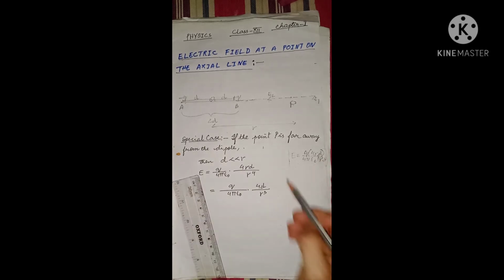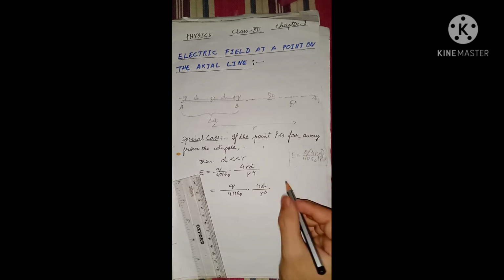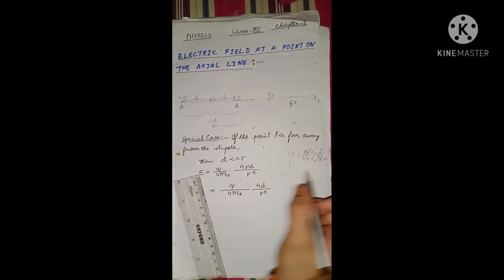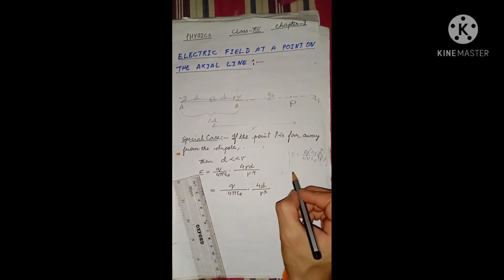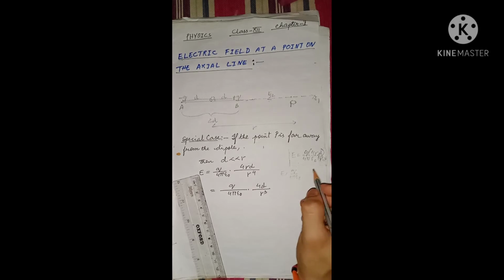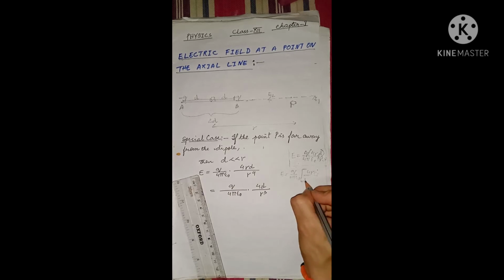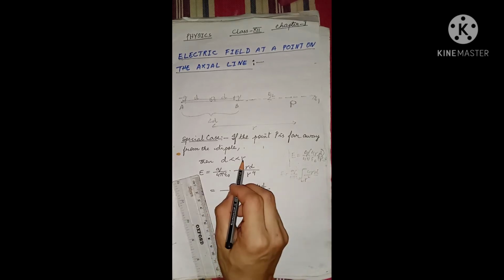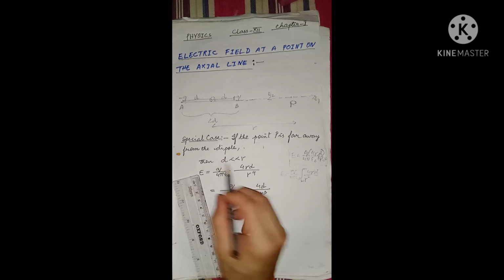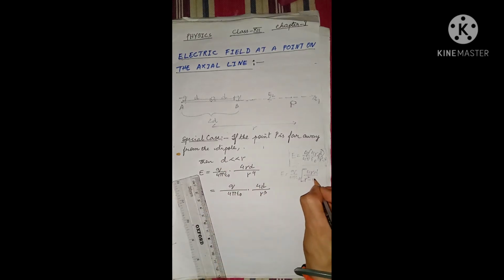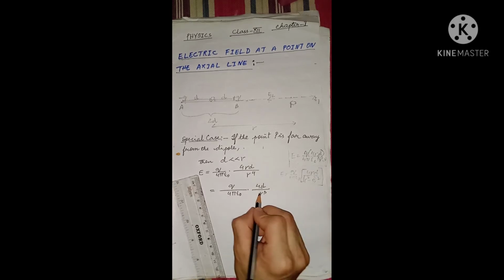So from here, if D is very small compared to R, we can substitute the value Q by 4 pi epsilon naught into 4RD by R square minus, if D is very small than R, we can neglect D, minus 0 whole square. So it will be like this.